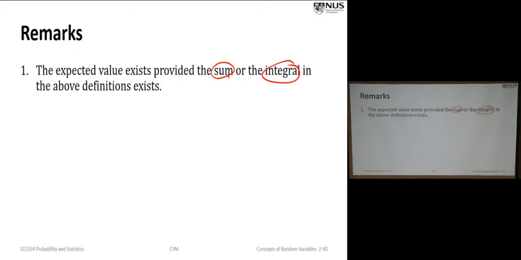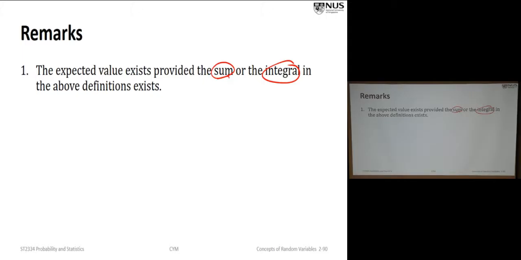Most of the distributions that you have encountered so far, or are going to learn about in this module, have an expectation and a variance, which we'll cover later, and they all exist. But there are some other distributions for which the mean does not exist.